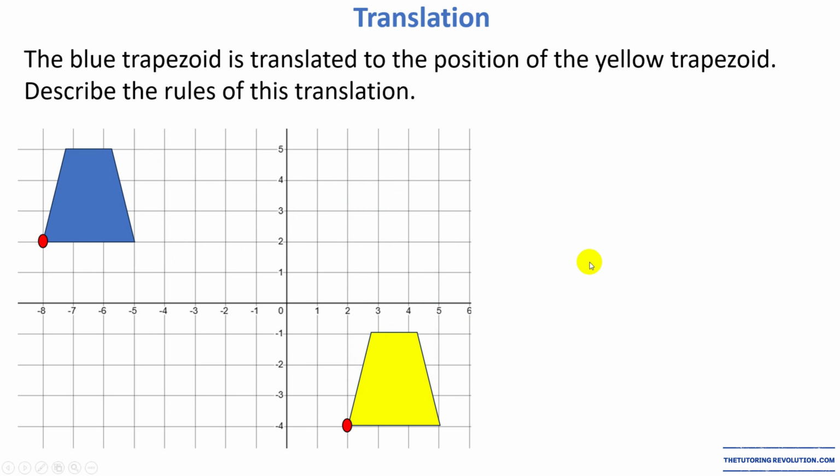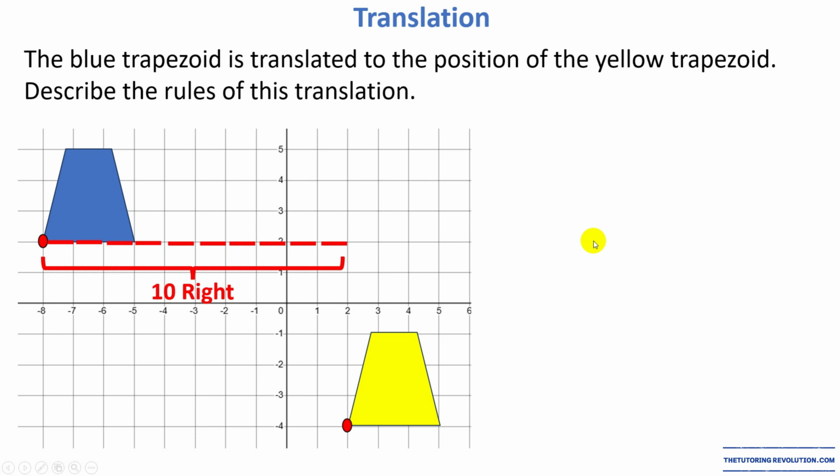Basically, what we're doing is we're moving this point here as a reference: 1, 2, 3, 4, 5, 6, 7, 8, 9, 10. 10 positions to the right, and 1, 2, 3, 4, 5, 6. 6 positions down.